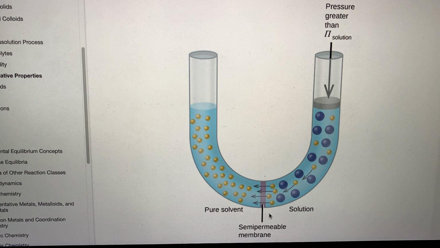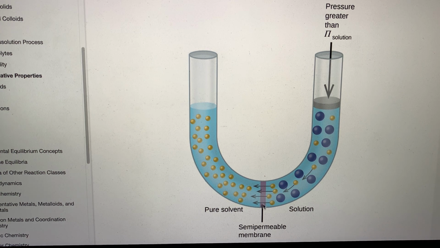For those of you who are curious what the membrane looks like, it's like microwave saran wrap. It's nice and crystal clear. It has tiny holes that allow water to pass through, but not the ions, not the sodium, not the chloride ion, for example.